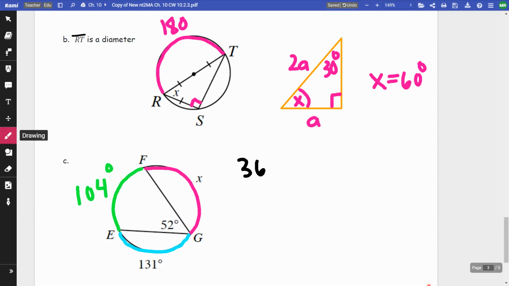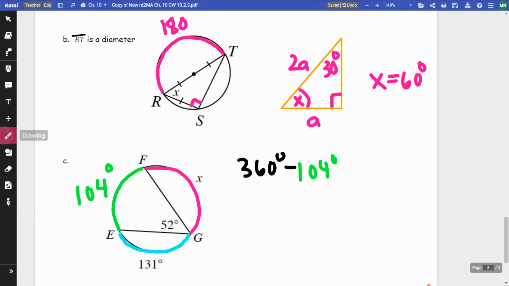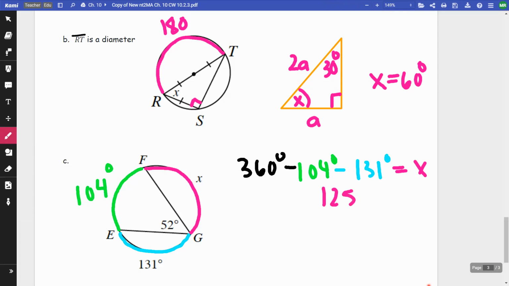So if I take 360 degrees minus my 104 minus my 131, I am going to get my x. So 360 minus 104 minus 131 is 125 degrees. So that's what x is.